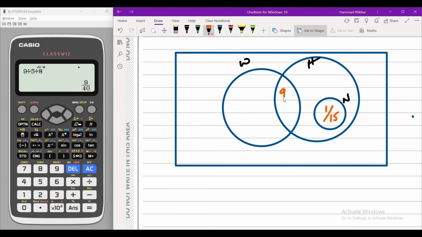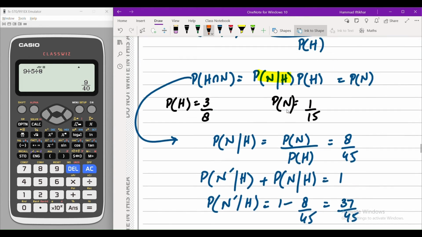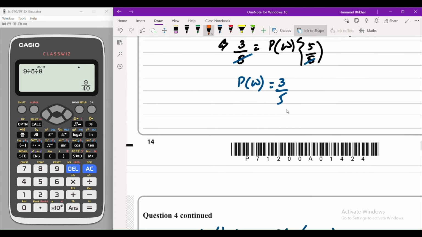So this is 9 over 40. Now we just need to subtract from W. The probability of W was 3 by 5, so 3 by 5 minus the answer, that is 3 by 8.